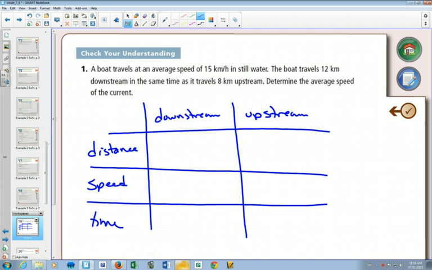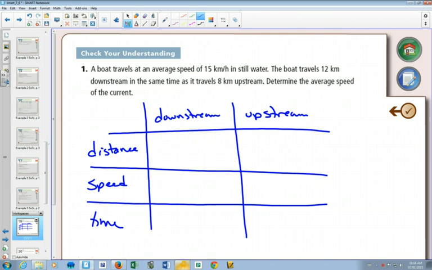Okay, what can I put in for speed? For down, would 15 go in the down or the up? We don't know where. 15 is when it's at still water, right?